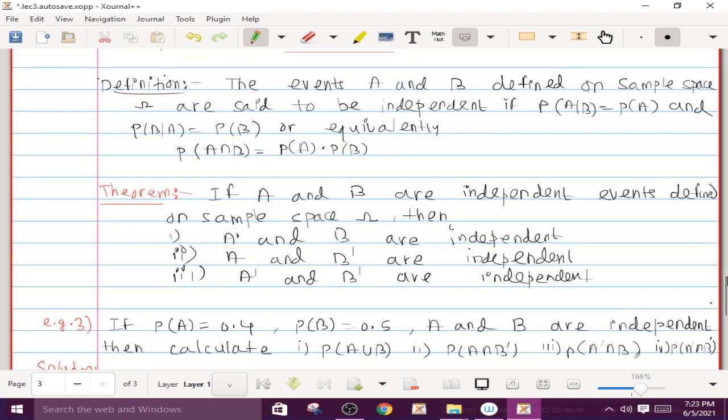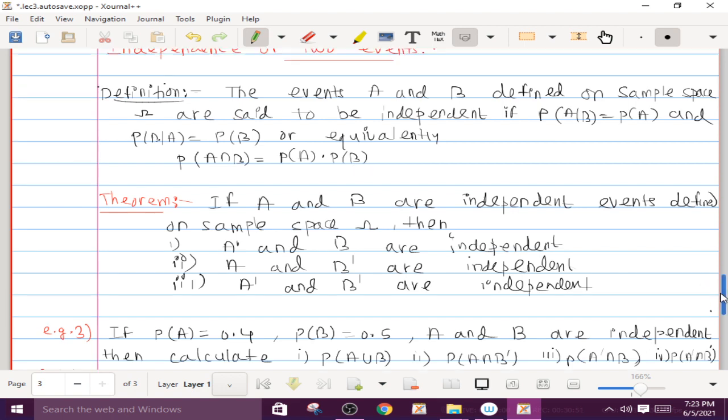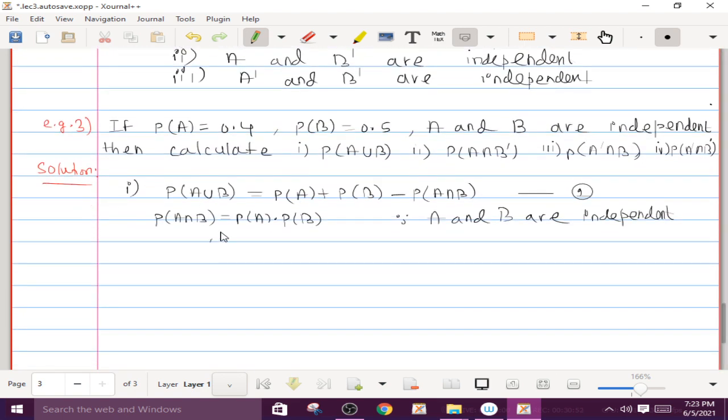See this definition: if A and B are independent, then probability of A intersection B is equal to probability of A into probability of B. So put these values here: 0.4 multiplied by 0.5, which is equal to 0.20.